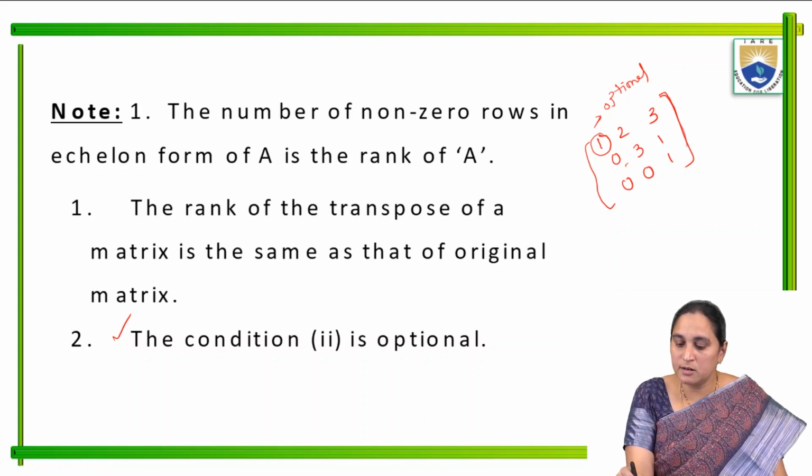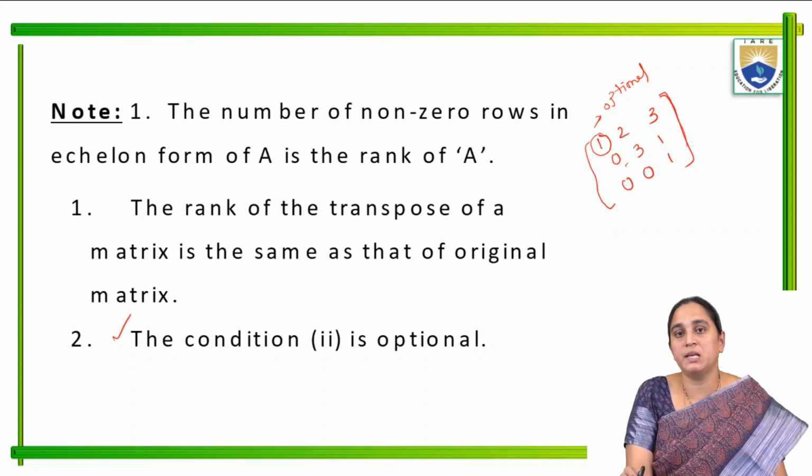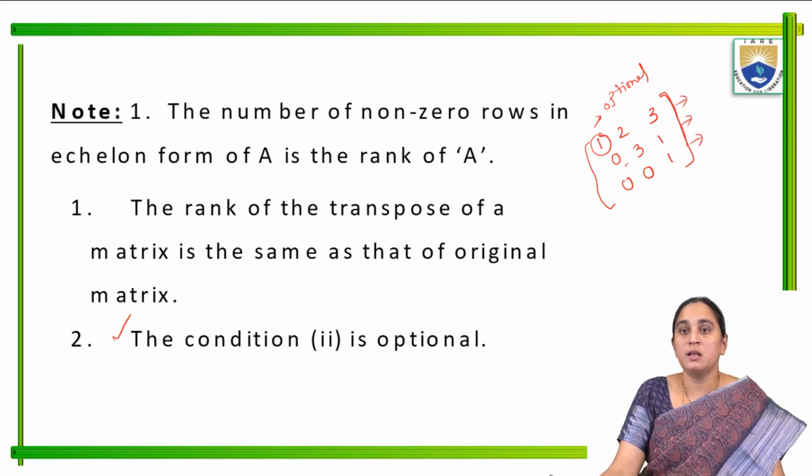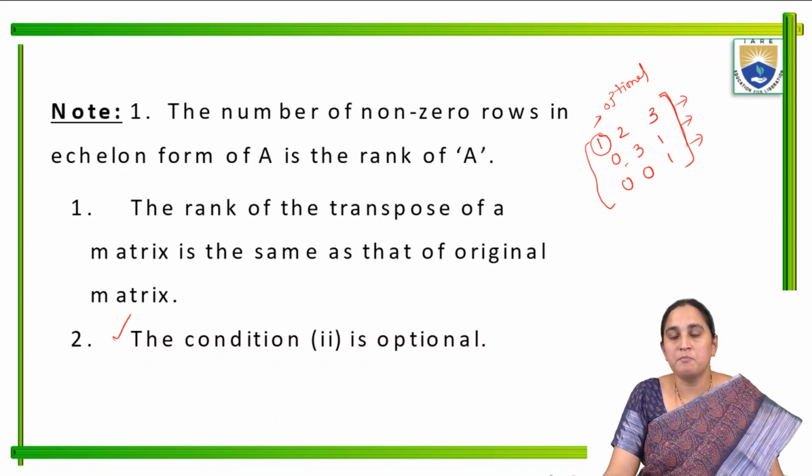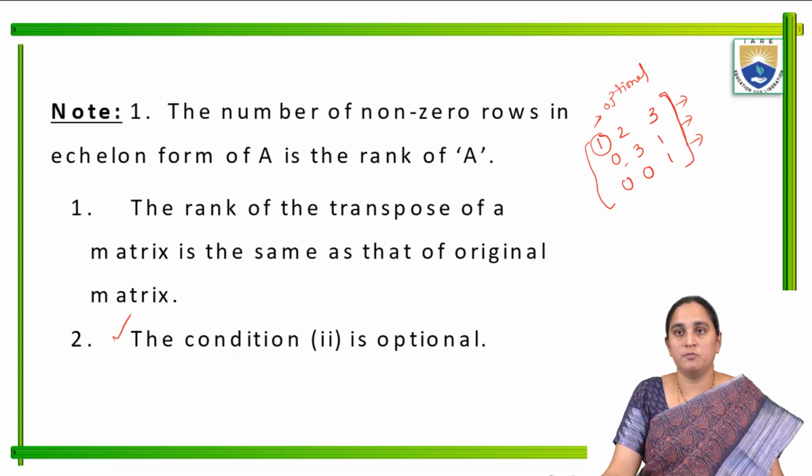Here the diagonal elements are 1, 3, 1, and below the diagonals are zeros, applying only row operations. If the matrix is reduced to upper triangular, we consider the number of non-zero rows, which is the rank of the matrix. This is the concept of the echelon form.